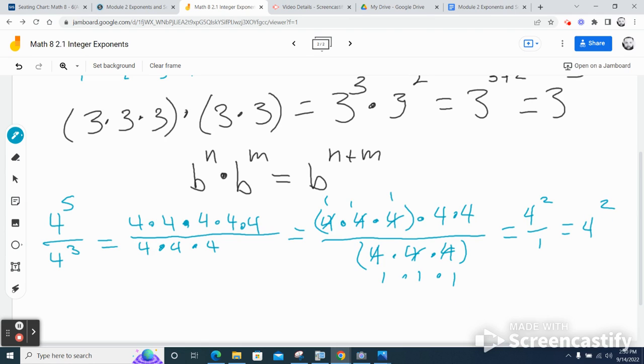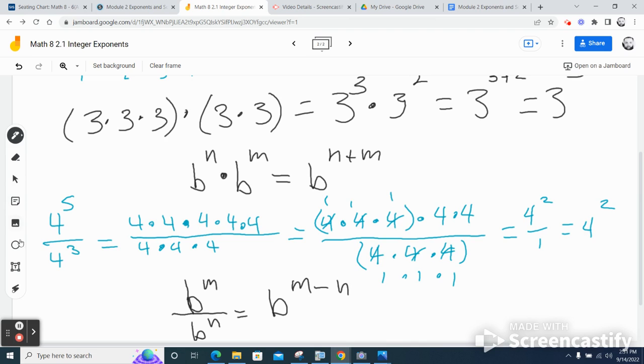If you were to come up with a rule, what would the rule be? I'll get you started. If I say b to the m all over b to the n, that equals b to the what? m minus n.